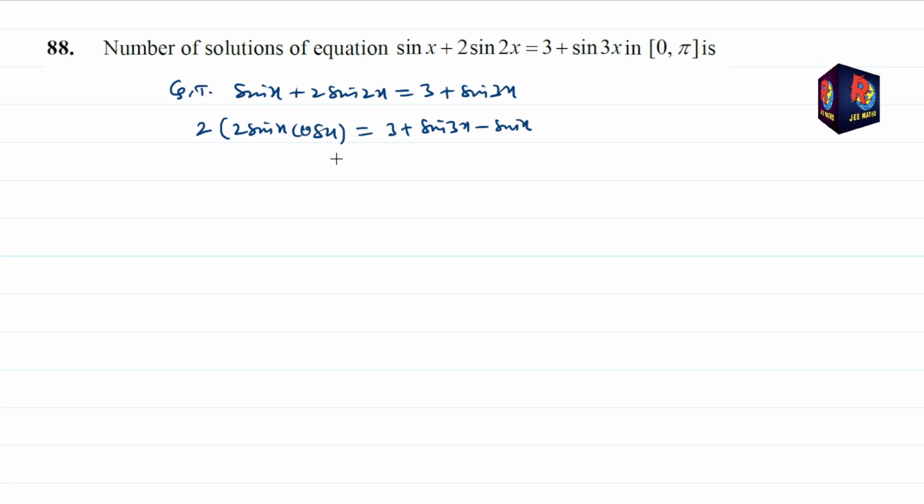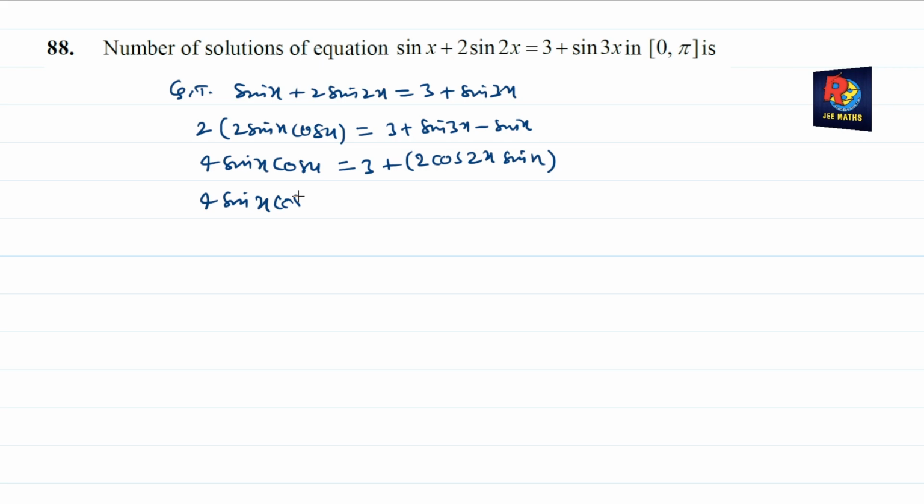So I can write here 4 sin x cos x equals 3, and by the sin c minus sin d formula, 2 cos (c plus d) by 2, it will be cos 2x, and sin (c minus d) by 2, it will be sin x.